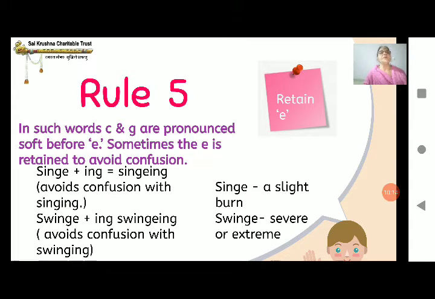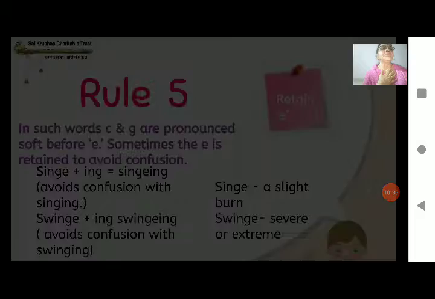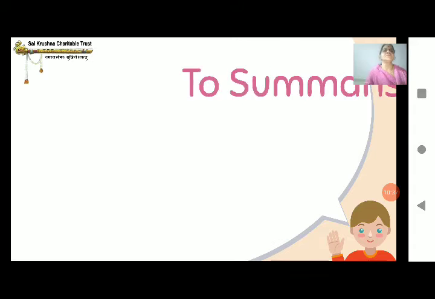So what am I doing here? I am holding on to the E. I don't discard it. Is that clear, children? S-I-N-G-E plus ing is singeing. The E is continuing there. Swinge, swingeing. I don't say swinging. Clear? Okay. We move on to the next.